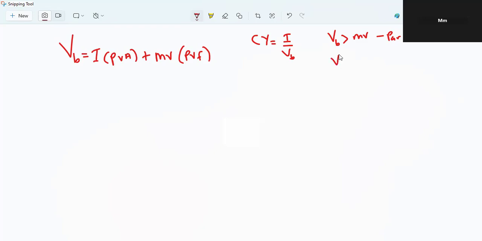Sometimes the value of the bond is exactly equal to the face value, and then it's called a par bond. A par bond exists when the coupon interest is equal to the market interest rate.